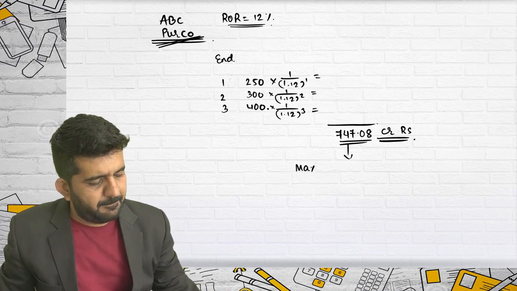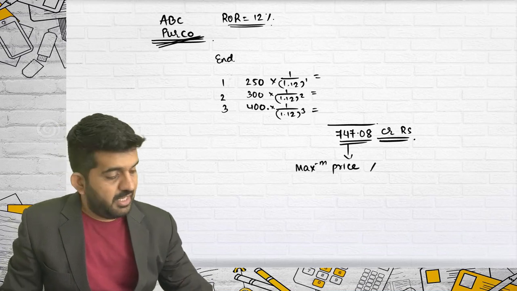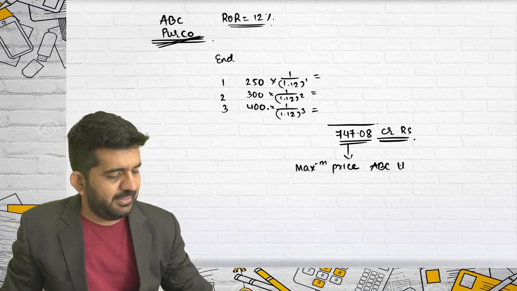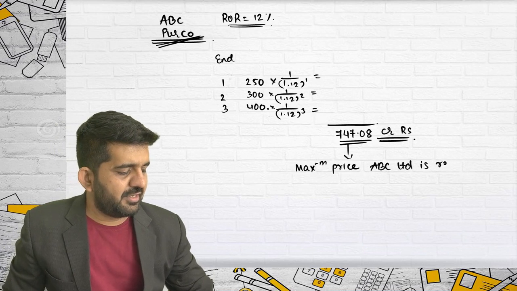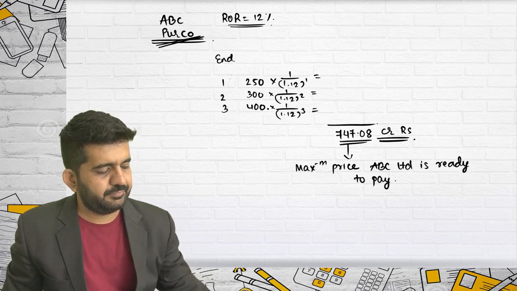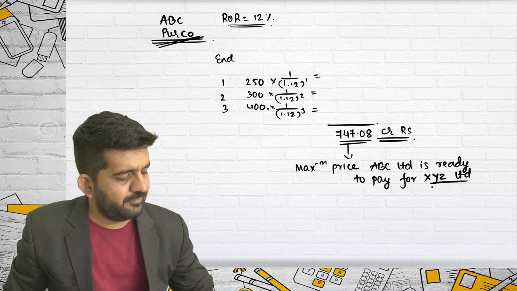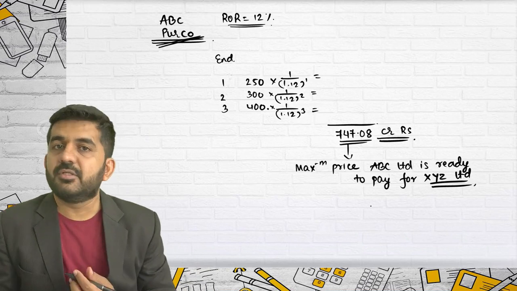This is a maximum price. ABC Limited is ready to pay for XYZ Limited.